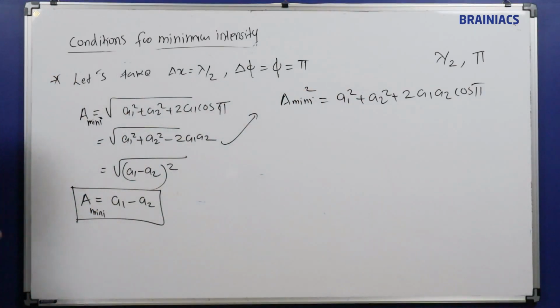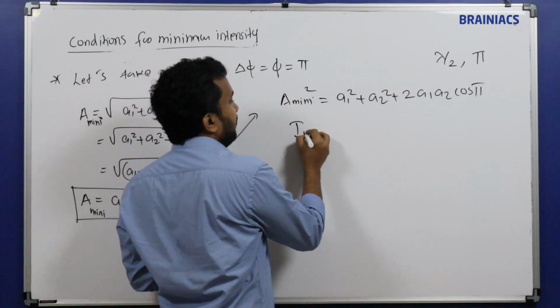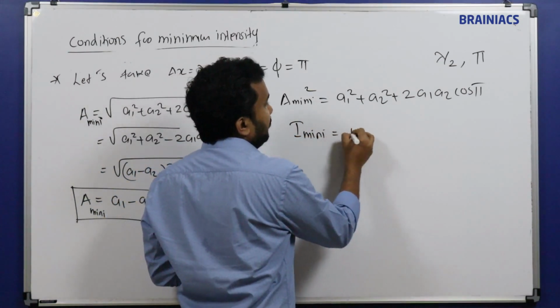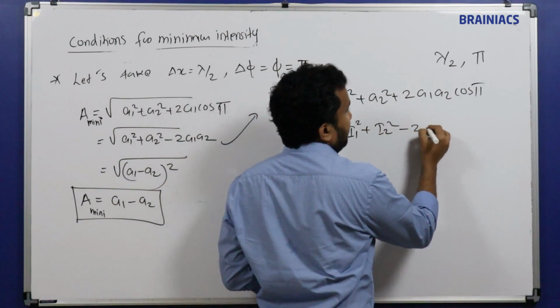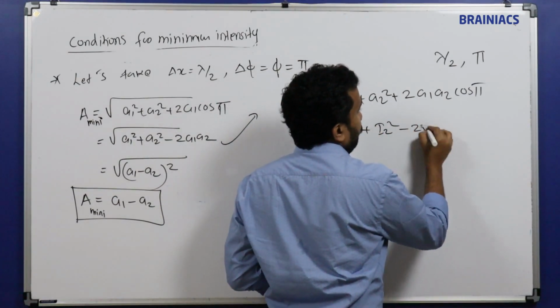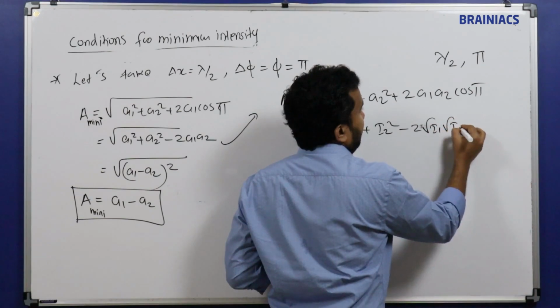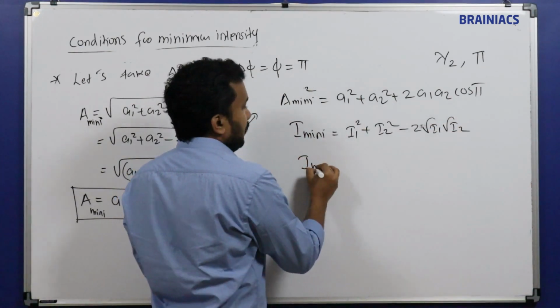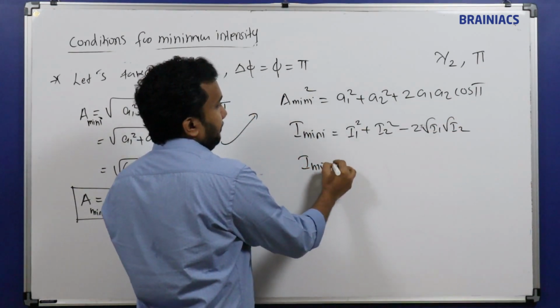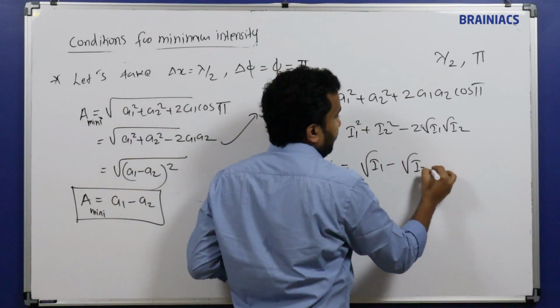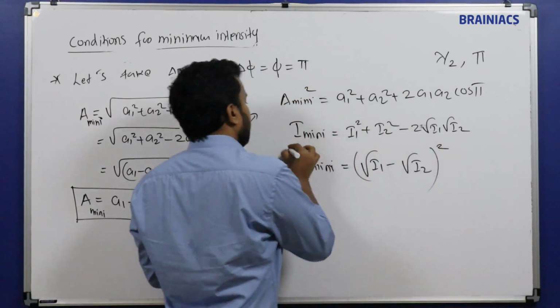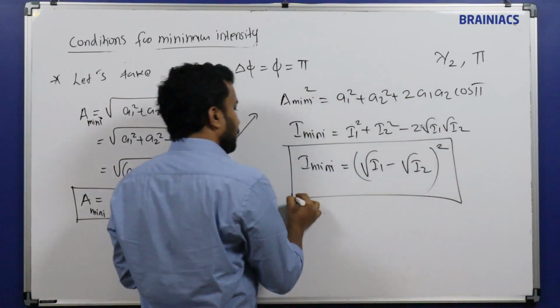Write the same steps. So this becomes I minima. This we already know, which is equal to I1 plus I2 minus 2 into root I1 root I2. So I minima is equal to root of I1 minus root of I2 the whole square. This formula is also important.